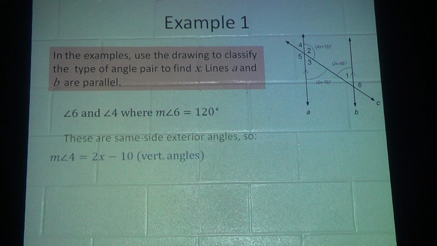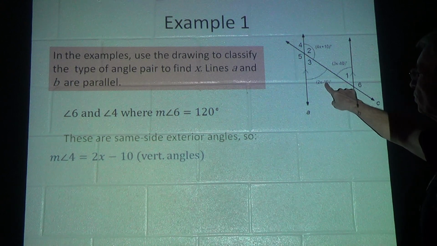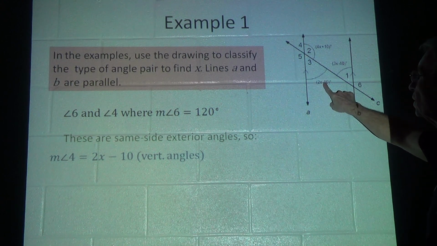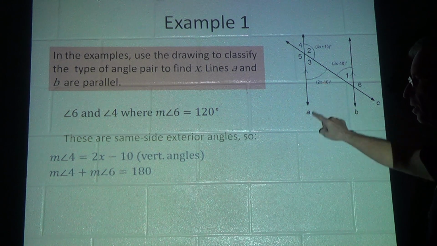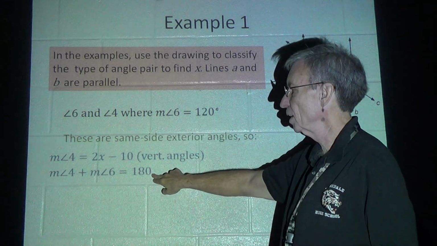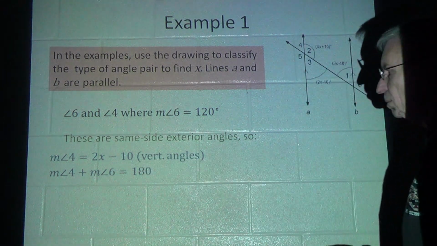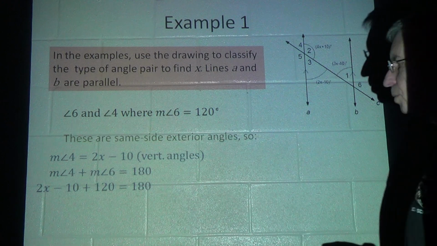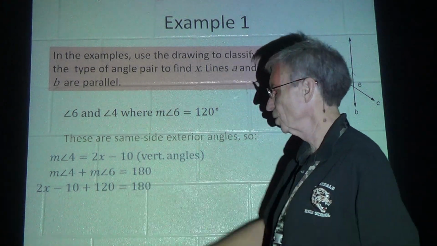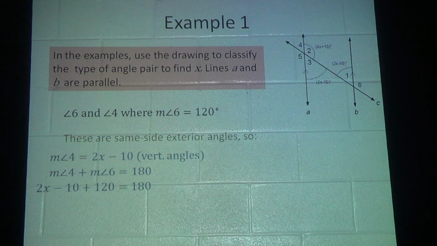Since angle 4 is represented by 2x minus 10, and we know that because this vertical angle has that measurement, to find x we simply set this up. The two angles add up to 180, so we have 2x minus 10 plus 120 equals 180.